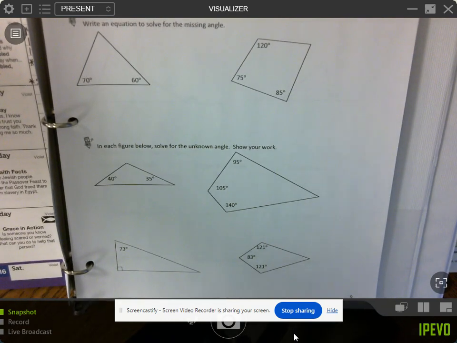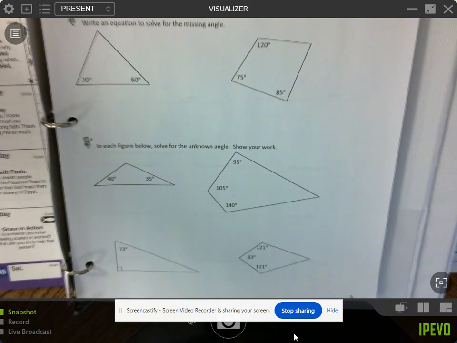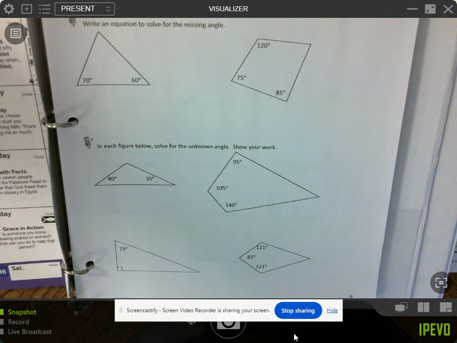It says write an equation to solve for the missing angle. How do you think I would write that? Using a variable for our missing angle. What equation do you think I would write?